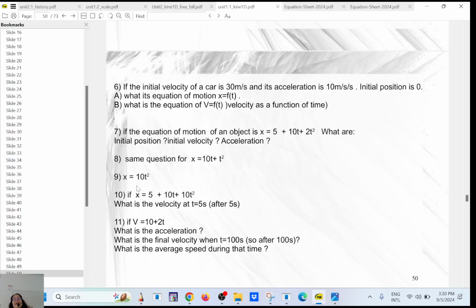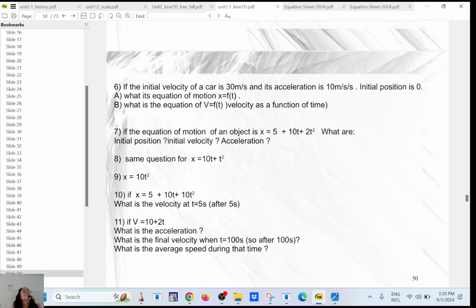What about x equals 10t squared? What's the initial position in that case? 0. What's the initial velocity? 0, because velocity goes with t. With t squared, you have the acceleration. So half of what is 10? 20. Acceleration is 20.